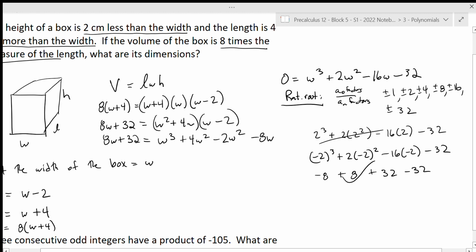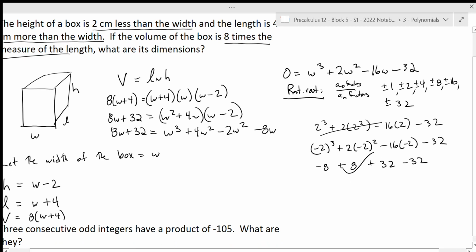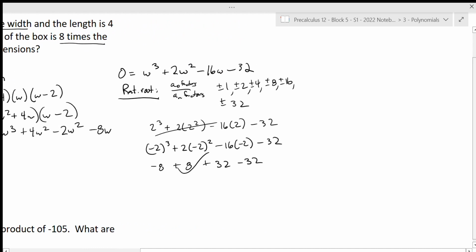That is a root of this equation. So I know that 0 equals something times x plus 2. So what I want to do now is use a little bit of synthetic division. So we'll go over here, and I've got minus 2, and we're going to divide it into 1, 2, negative 16, minus 32.